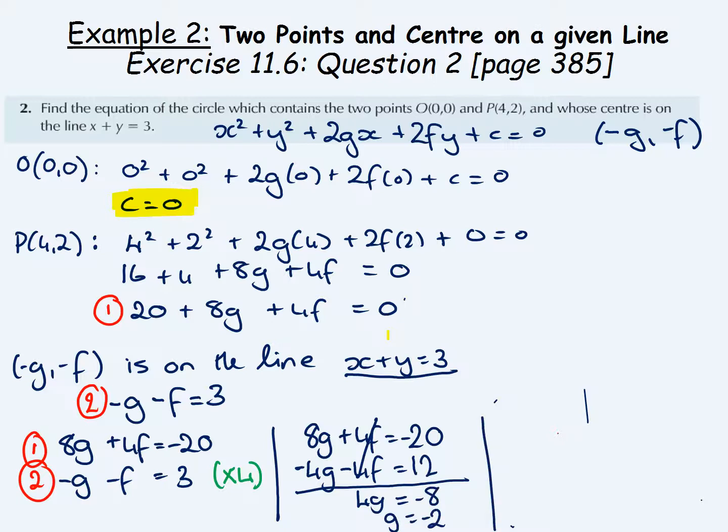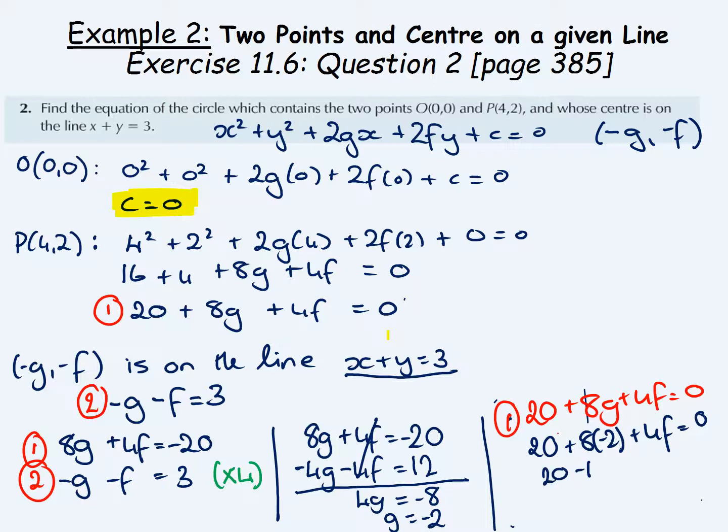So once I know my g, I can go back to equation 1, and equation 1 is 20 plus 8g plus 4f equals 0, and I get 20 plus 8 times minus 2 plus 4f equals 0, so 20 minus 16 plus 4f equals 0, so 4 plus 4f equals 0, so f will work out to be minus 1.